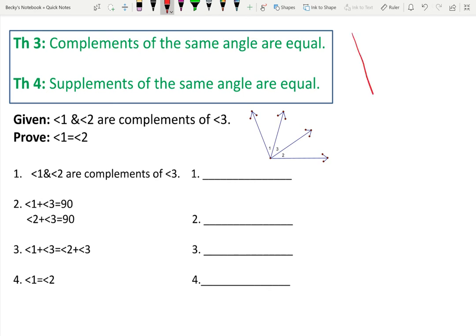Now, the easiest way I can draw this out is something like this. Maybe. Okay. So angle 1, angle 2, angle 3. Let me fix this.